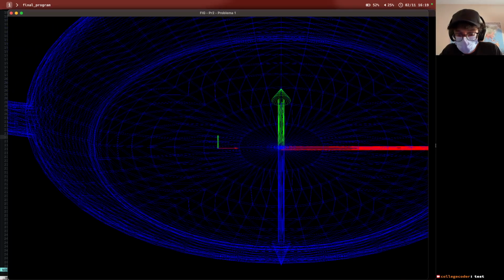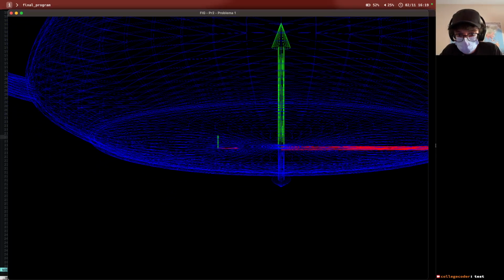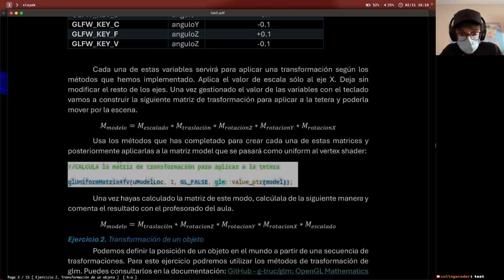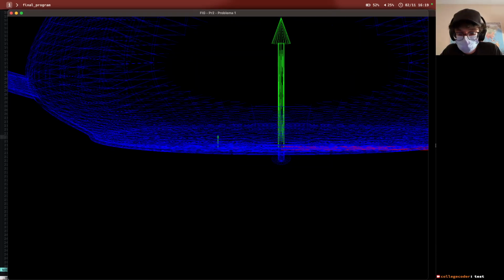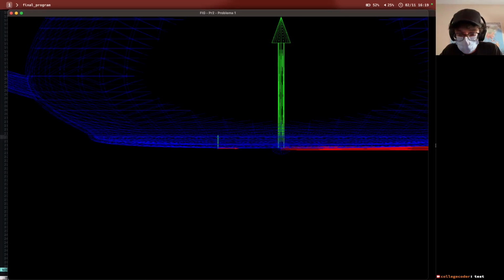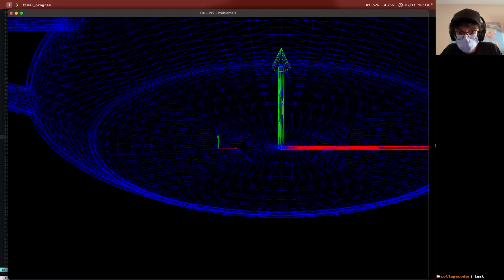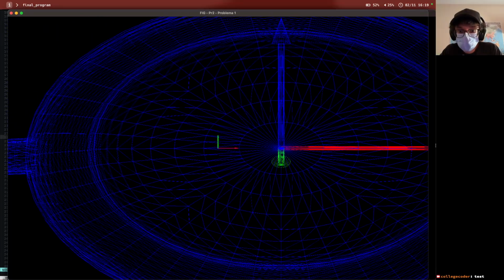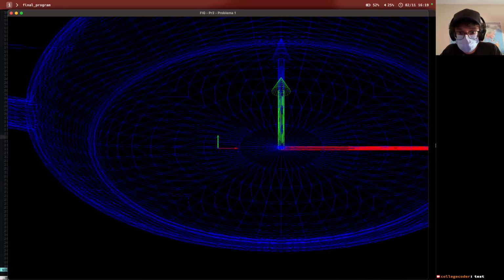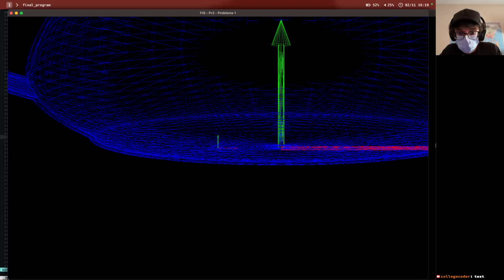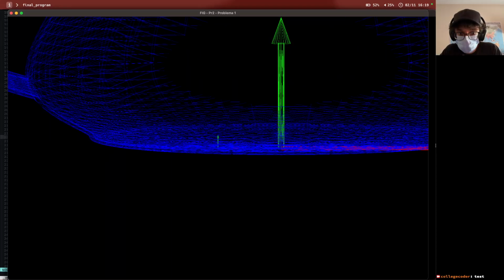Z is pointing towards us. As I subtract, and we reach back this point, if I subtract again, see how it's as if it was pointing the other way around? That is very strange.